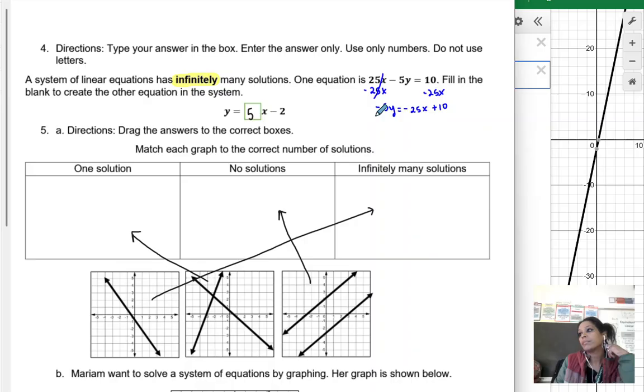And then divide by negative 5 throughout. All right, so you have y equals negative 25 divided by 5 is positive 5x. 10 divided by negative 5 is negative 2. See, the negative 2 is here, and then here's where your 5 is. Okay, so that's that.